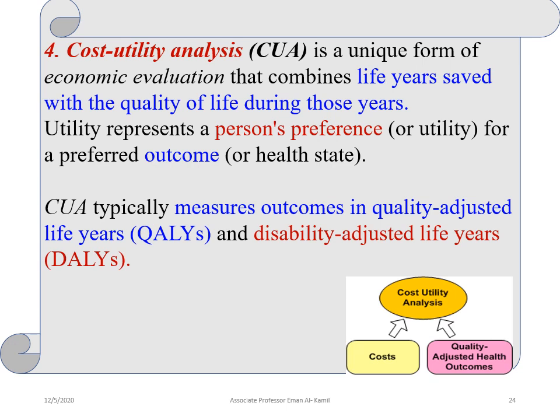So utility represents a person's preference or utility for a preferred outcome or health state. Sometimes they tell the patient, the person himself, or the family that after this intervention there will be no quality of life, so it becomes a choice whether they choose this alternative or not, according to the utility, or the benefit, or how many years he will gain, or what the quality of life of the individual is after this intervention.